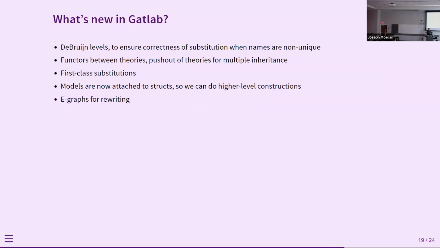As in the implementation of algebraic theories, we use de Bruijn levels, i.e. integers, to refer to constructors, variables, and sorts. In previous Gatlab, we used symbols for this.